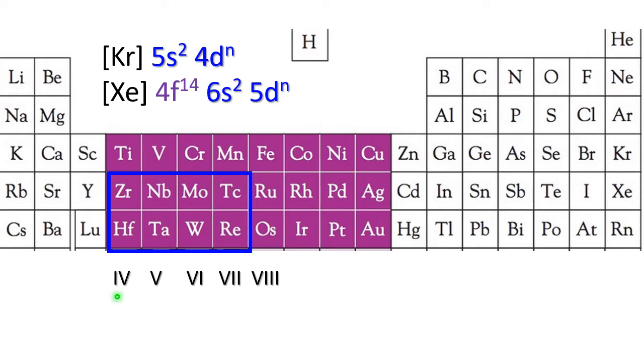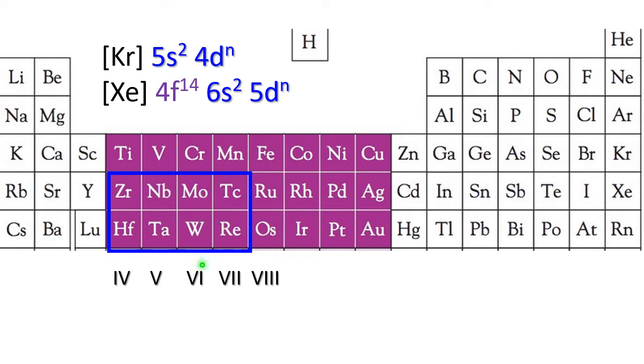The total number of electrons on the outer shell is equal in this case to the number of the group. So group 4 has 4 electrons, and the largest oxidation number is 4. Group 5 has 5 electrons, highest oxidation number +5.